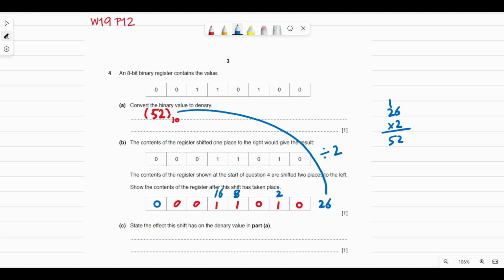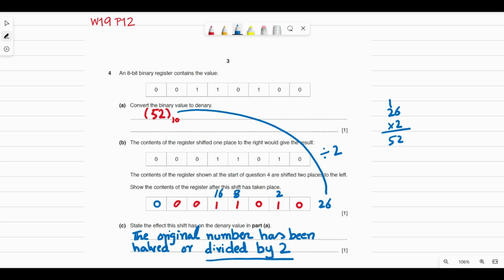The effect is division by 2, because we have shifted one place to the right. The effect of this shift on the denary value: the original number has been halved or divided by 2.